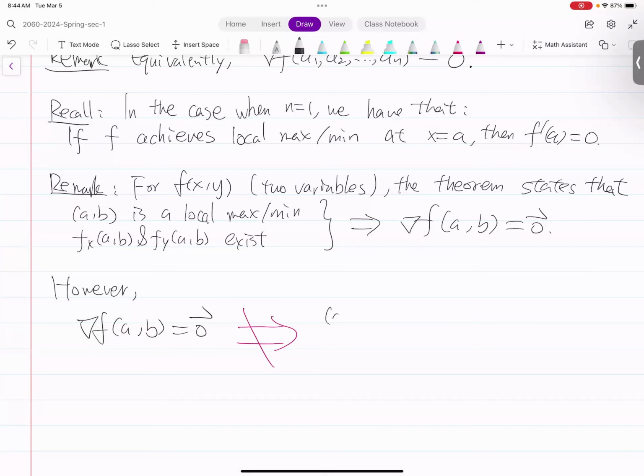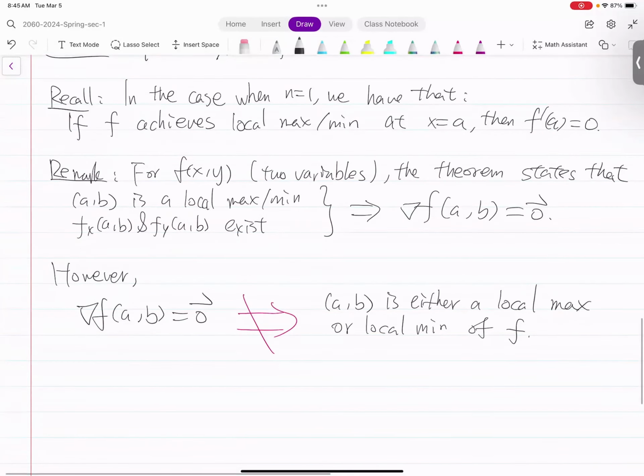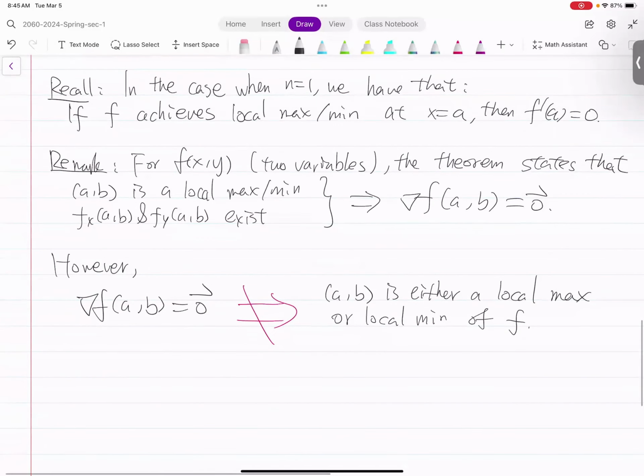So this does not guarantee that (a, b) is a local extreme. So you cannot really conclude anything about the property of the point.